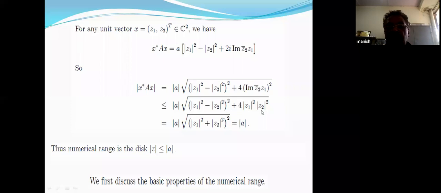Also note that the term under the root is (mod z1 square plus mod z2 square) whole square, which is 1, because x is a unit vector. So the numerical range is mod z less than or equal to mod a. This means the numerical range is a disk centered at the origin with radius mod a.